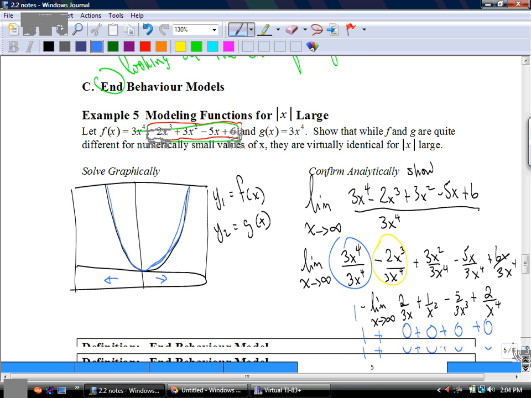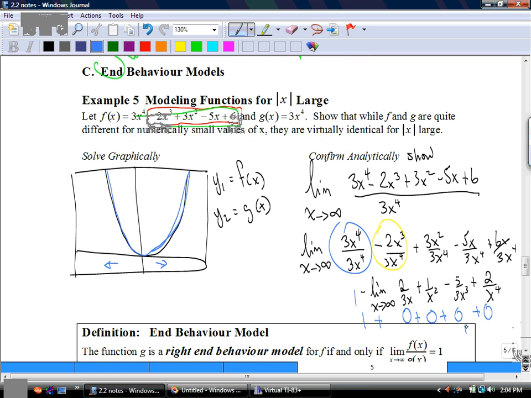1. Well, what we've just said is that as you get out towards the end of the graph, the only part that matters is the highest powered term. Nothing else matters. It basically says that the graphs are identical out at the edges. Only out at the edges, not in the middle, busy part of the graph.